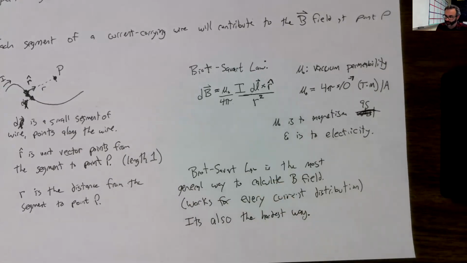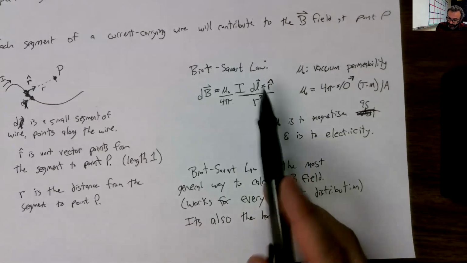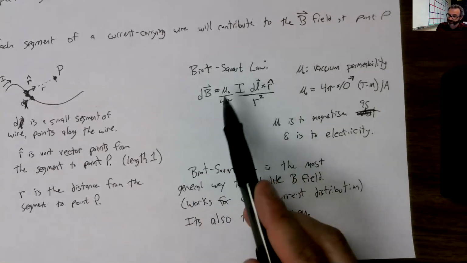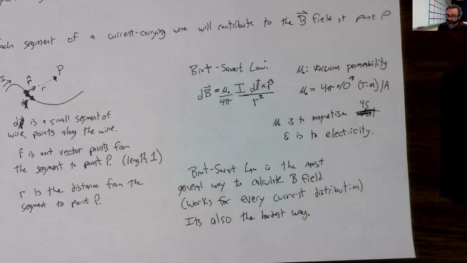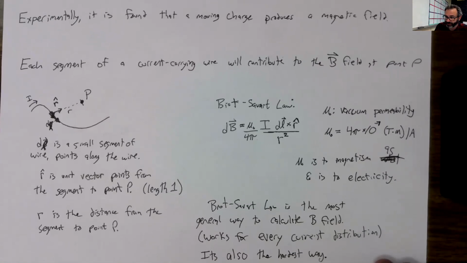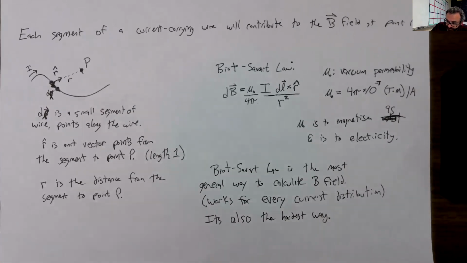But you can use a computer and always do it numerically. But we're going to be looking at more simple, symmetrical situations, which makes this integral either very simple or means that we don't have to do an integral at all. All right. Any last questions or comments on Biot-Savart law? Okay.